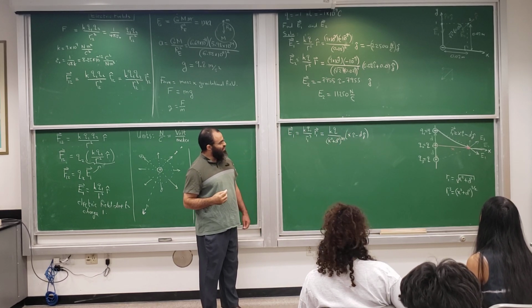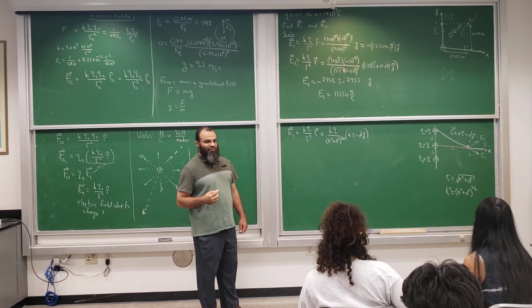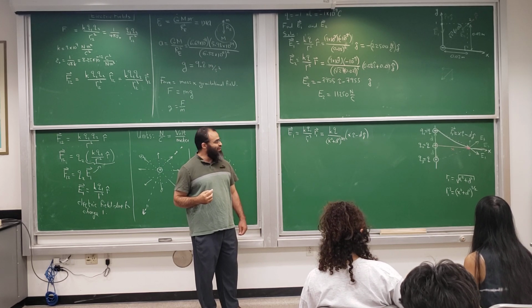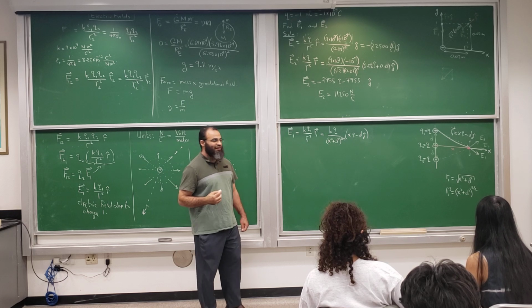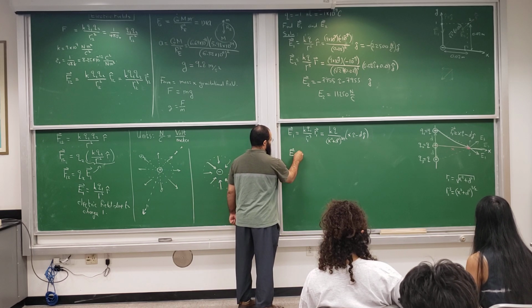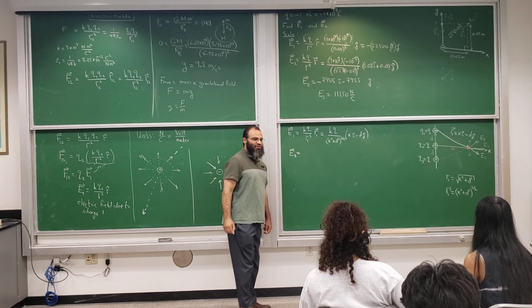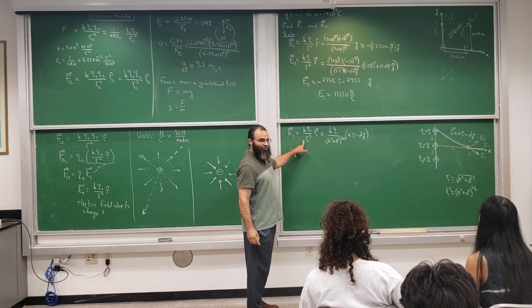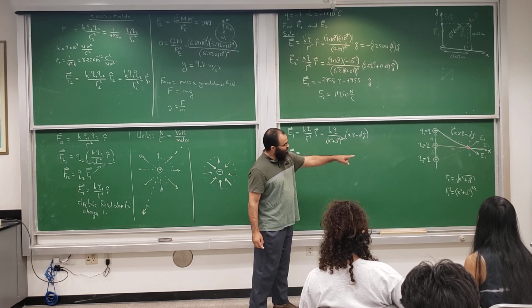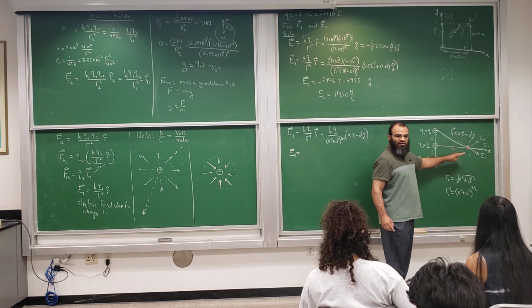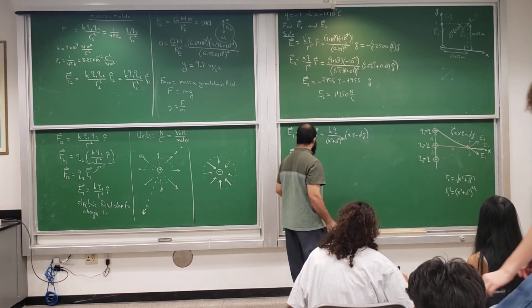Let's do the next one. Let's do E3, because let's get the harder ones out of the way, and then we'll do E2 because it's the easiest. So let's do E3. The cube or the square? The one that involves the cube, because for the vector pointing this way, we don't know what the unit vector is. It's not easy to determine.